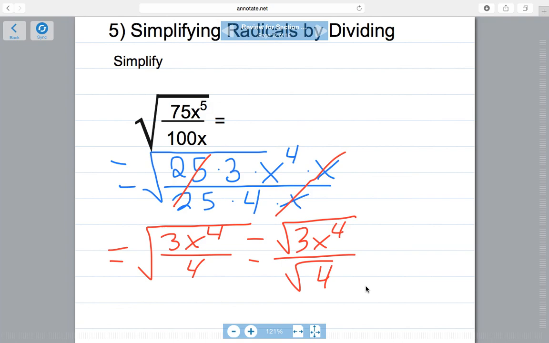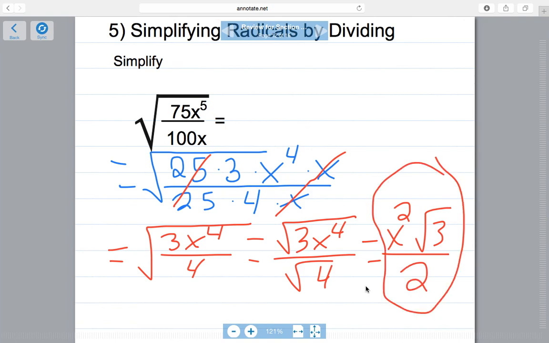From here we can simplify. On top we'd have x squared times the square root of 3 over the square root of 4 is 2, so all over 2. And that would be your final answer. So again, first, before I took the square root of top and bottom, I decided to simplify, and then I went from there.